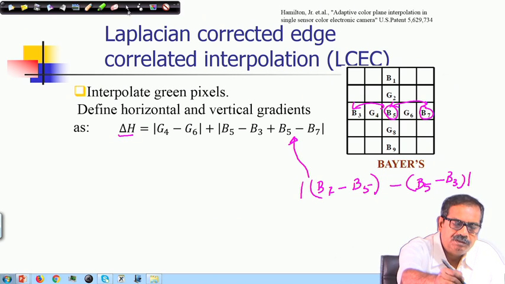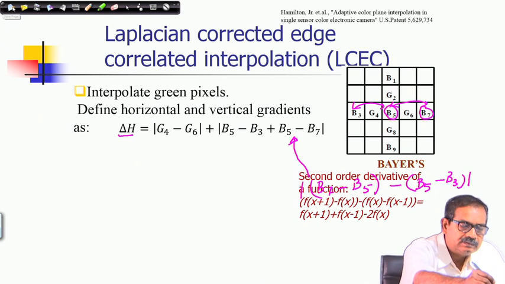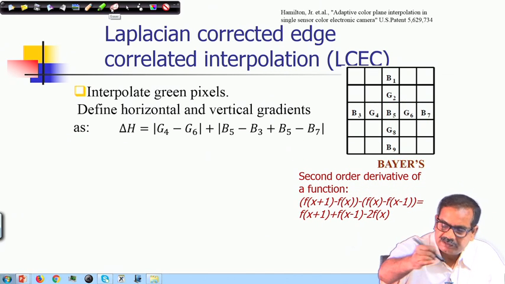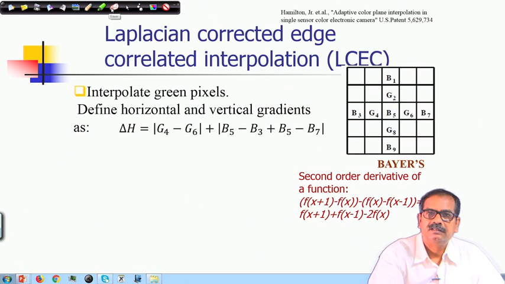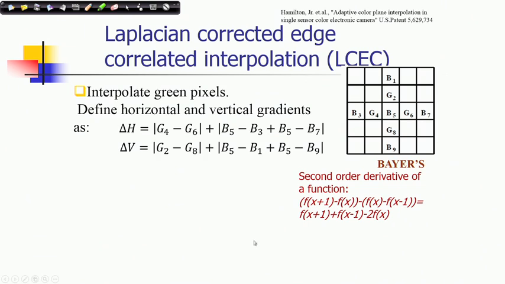Similarly, you can perform the estimation. This just explains the second order derivative of a function that I just mentioned. This is how you can compute it, and the vertical gradient can be estimated in this form.